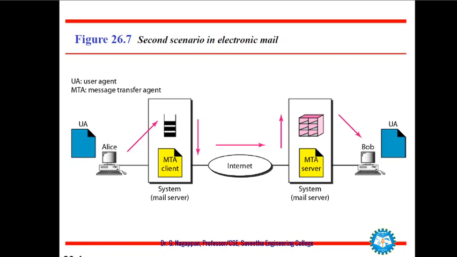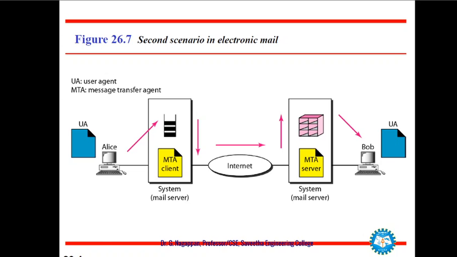The mail server is going to categorize the mails to various receivers' mail IDs, and those mails are going to be received by the receiver, and the corresponding user agent program will open it and show it to the user.